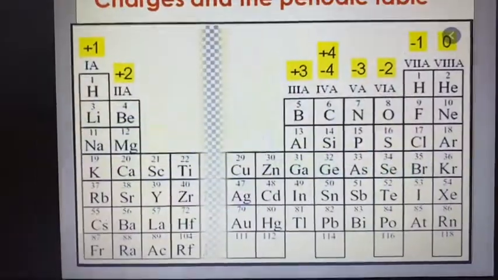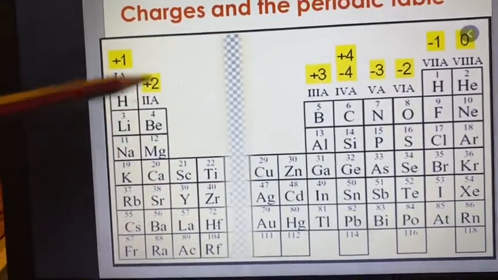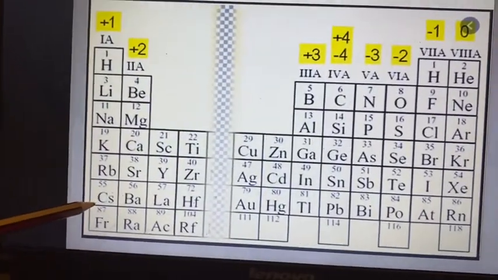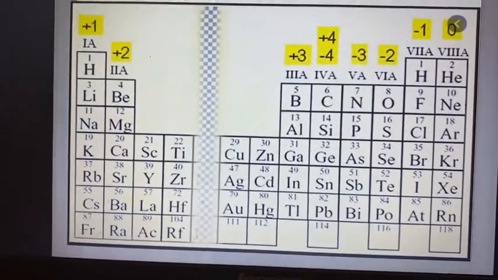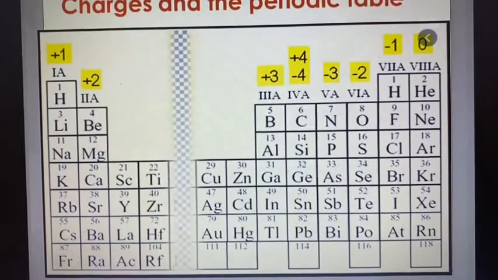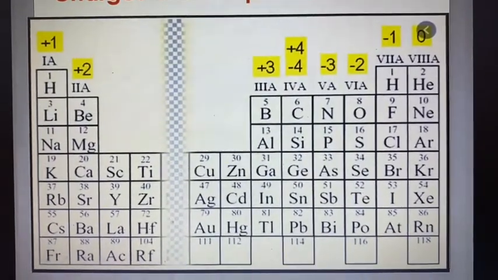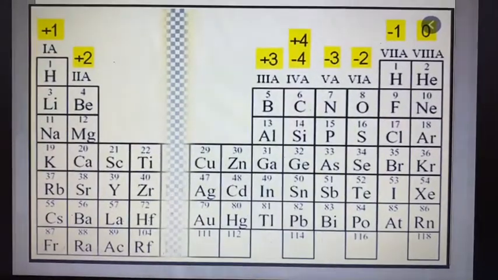Now, elements in the same group, because they have the same number of electrons in the outer shell, have the same chemical properties. The relationship between the group number and the number of electrons in the outer shell is the same.